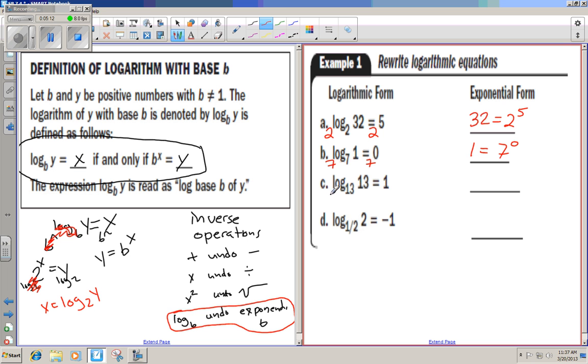What undoes a log base 13? A 13 base. So 13 is equal to 13 to the first. What undoes a log base 1/2? Well, that would be a base of 1/2. So 2 is equivalent to 1/2 to the negative 1 power, which is correct. Please notice that this part cancels, this part cancels, and so on, to give you your exponential form.